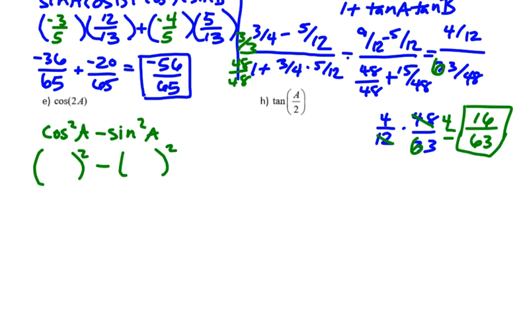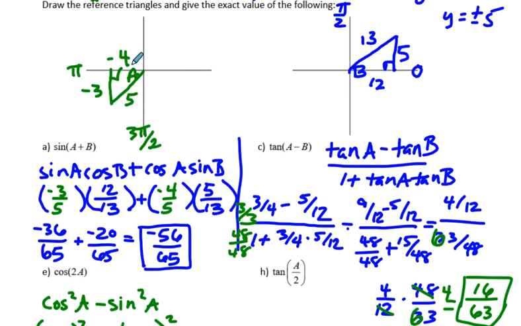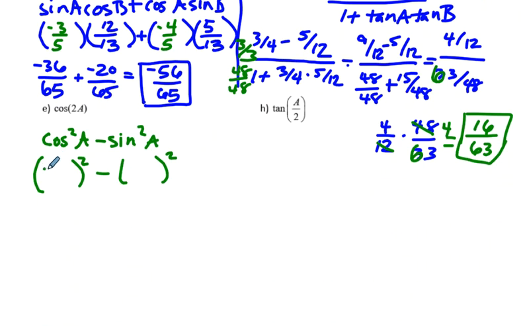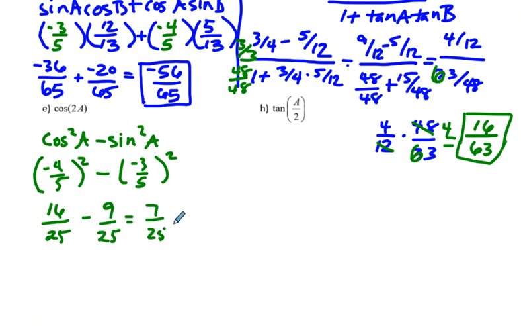So we just need to look for those. The cosine of a is going to be -4/5, and the sine of a is -3/5. When you square a negative, it goes positive, so I get 16/25 minus 9/25, and I get 7/25.